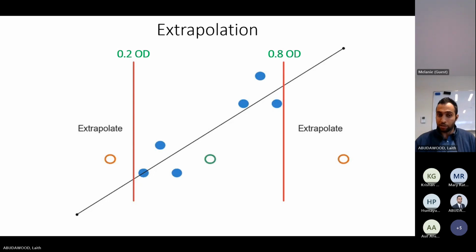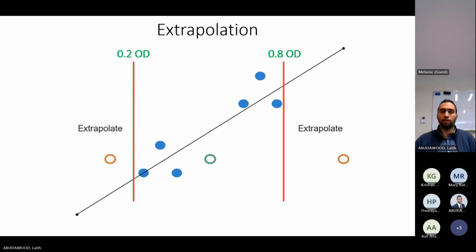So basically, I'm telling my analyzer to draw a line here, and anything between 0.2 and 0.8 optical density I can easily apply to the line, and then I can measure concentration from it.